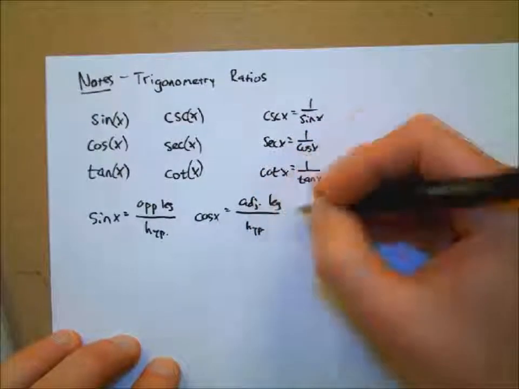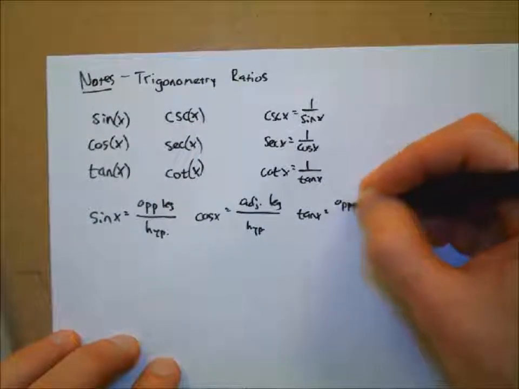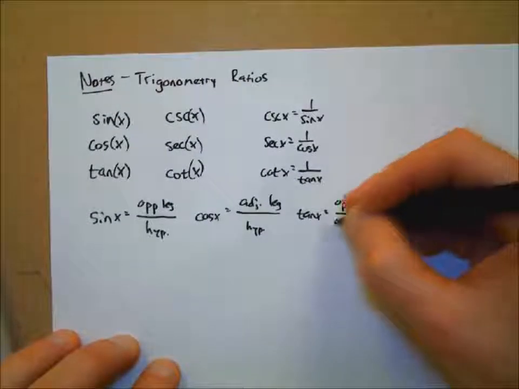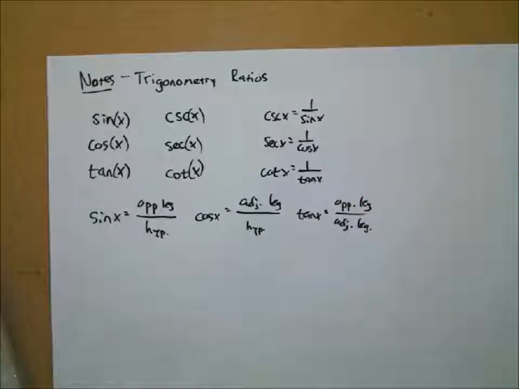And then tangent of x is equal to the opposite leg over the adjacent leg. I know this is super basic review from geometry, but I just want to make sure that we're all on the same page. Adjacent leg for cosine. Don't just say the word adjacent there, because you might then use the hypotenuse mistakenly, because the hypotenuse would be adjacent, a side, but not necessarily the leg.